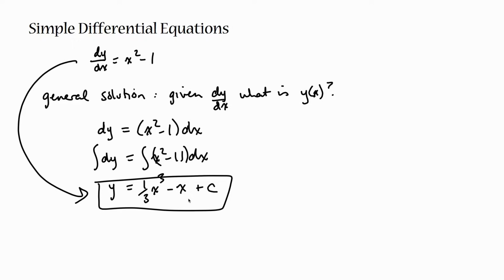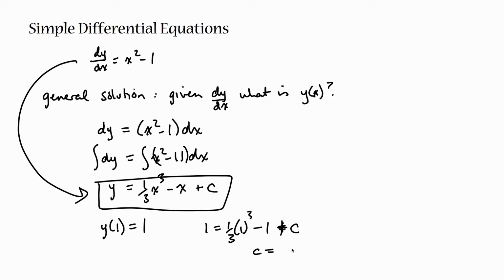If I want to have a particular solution, I need to have another piece of information. I need to know the value of y at some point so that I can solve for what c is. So if I know, say, that y at x equals 1 is 1, then I can get a particular solution: 1 is equal to 1/3 minus 1 plus c.